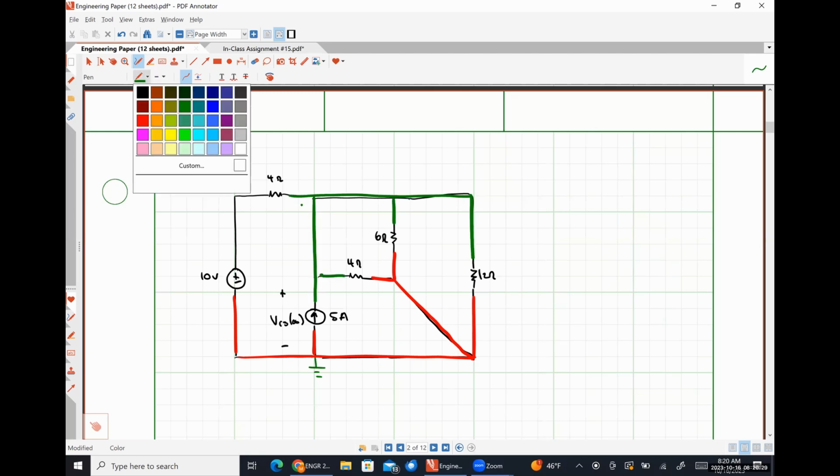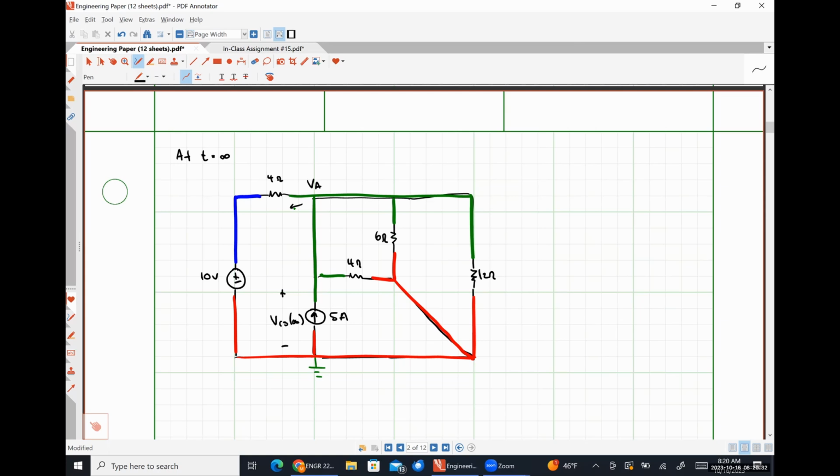So when we perform KCL at node A, we are going to have current plus this current plus this current plus this current plus this current.